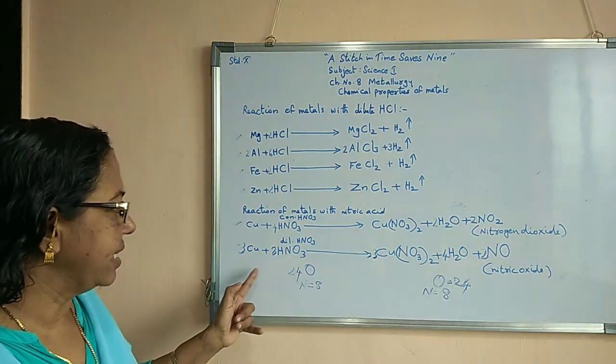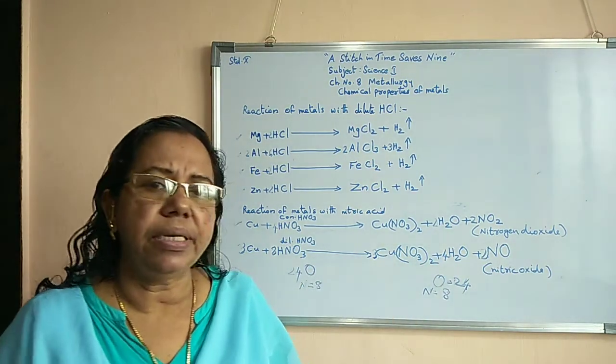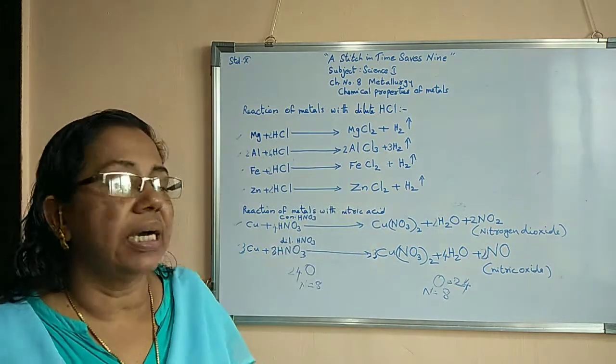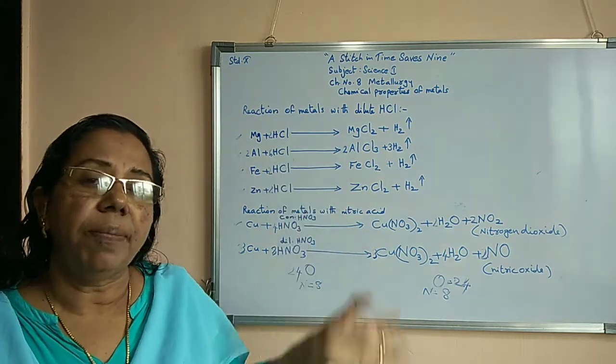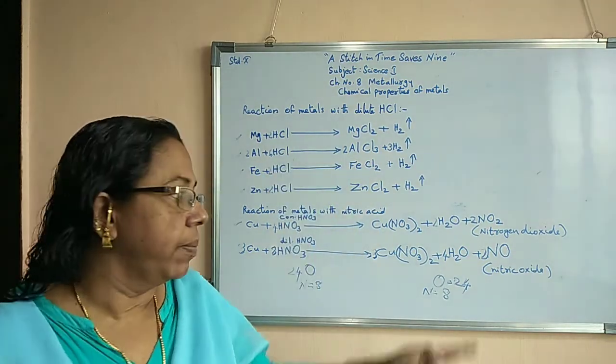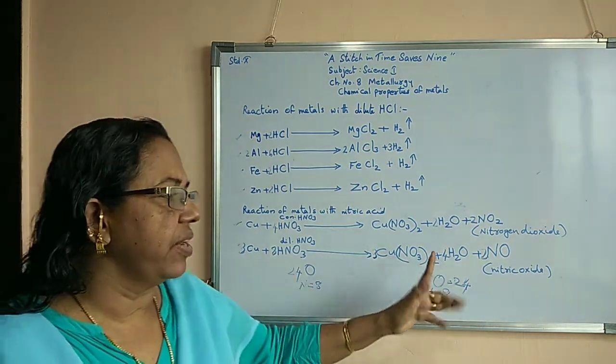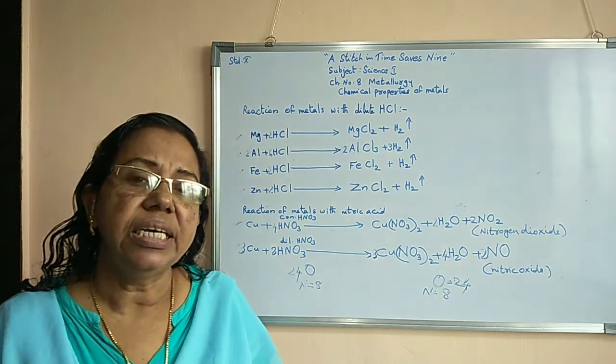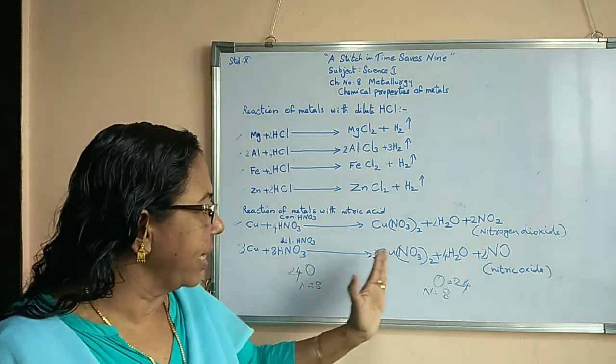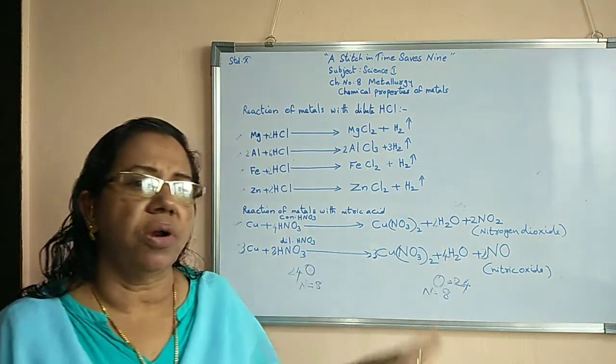This reaction, its balancing is a bit difficult compared to all other equations. Remaining all balancing work was quite easy to us, but here the balancing work is a bit difficult. So you have to take more care and patiently you have to solve this.